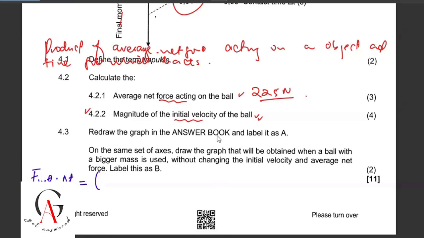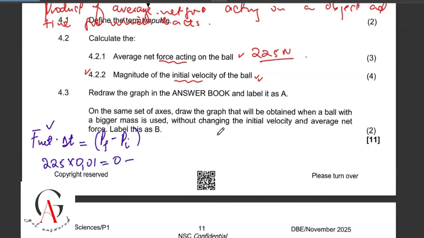Let me start by looking for p initial. If my force is 225 multiplied by 0.01, the final is 0 minus the initial, which is just in the opposite direction, so minus p i.